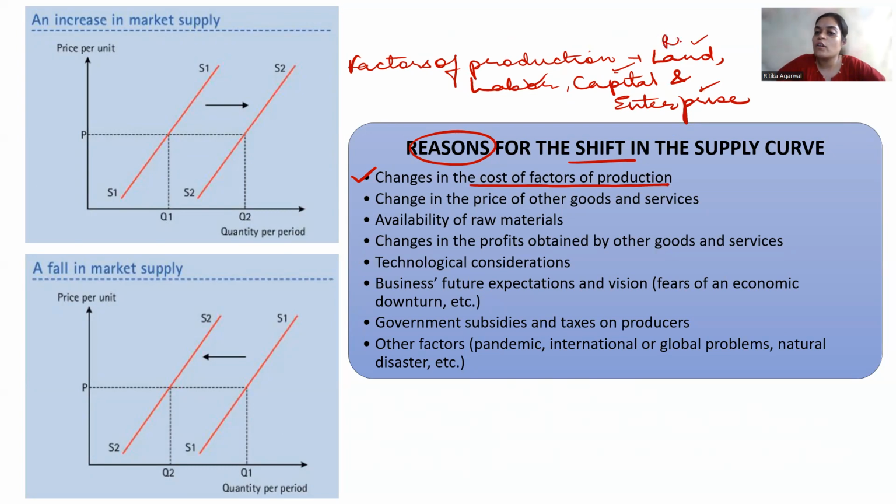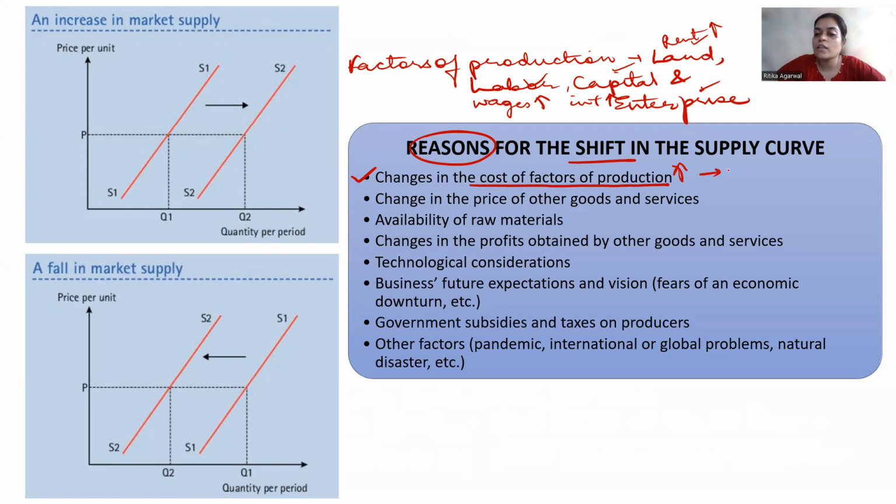Suppose the rent on land increases, or the wages increase, interest is also increasing. These three lead to problems for the firms because firms have to pay more for these three things now, and this leads to the cost of production increasing.